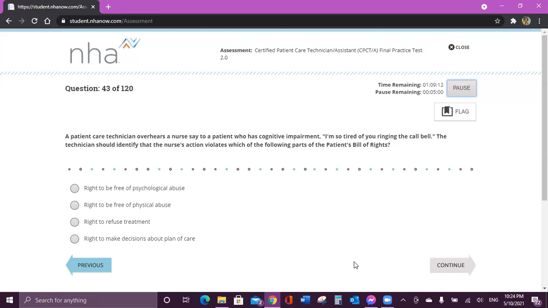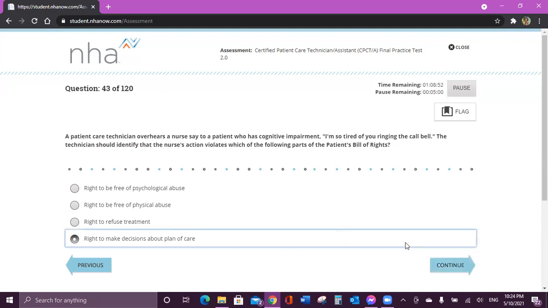The right to be free of physical abuse, the right to refuse treatment, the right to discuss the plan of care. That's true, because the patient also has the right to refuse care. You have the right to refuse any care.